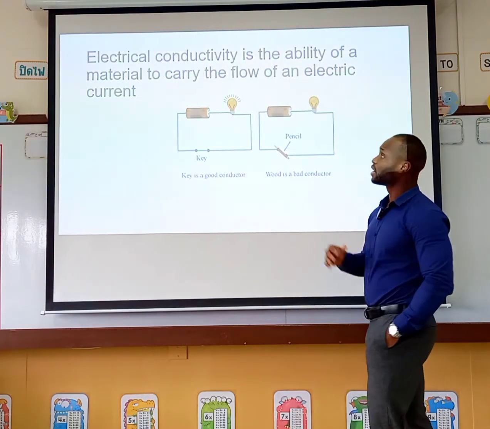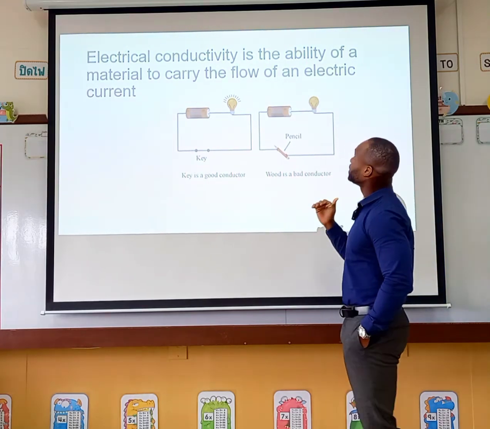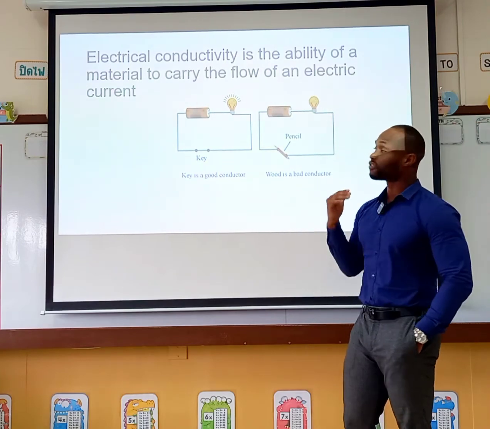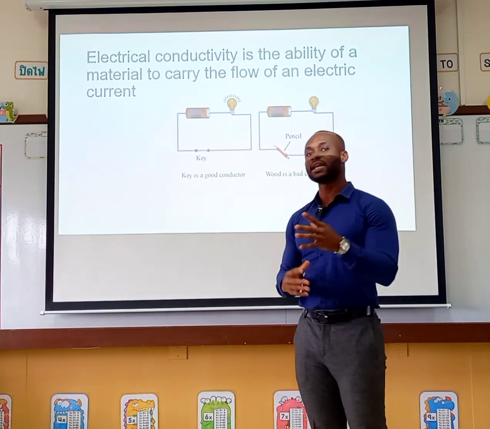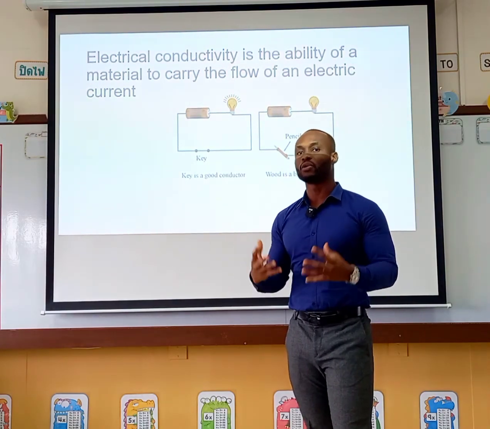So the next one on the list is electrical conductivity. This is the ability of a material to carry the flow of an electric current. So these allow electric current to flow through them.